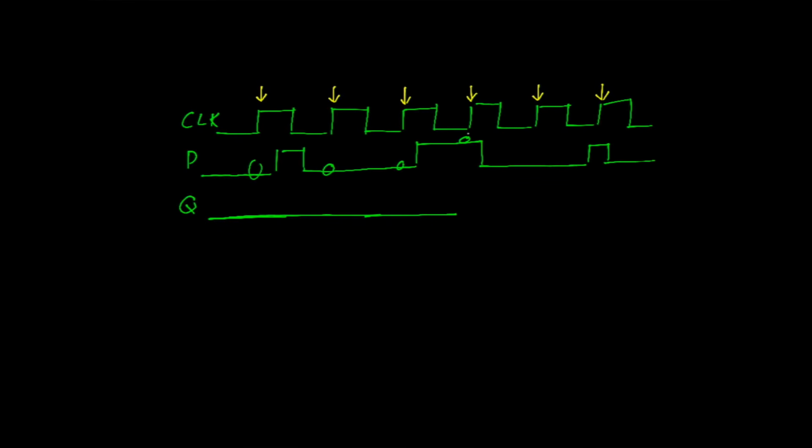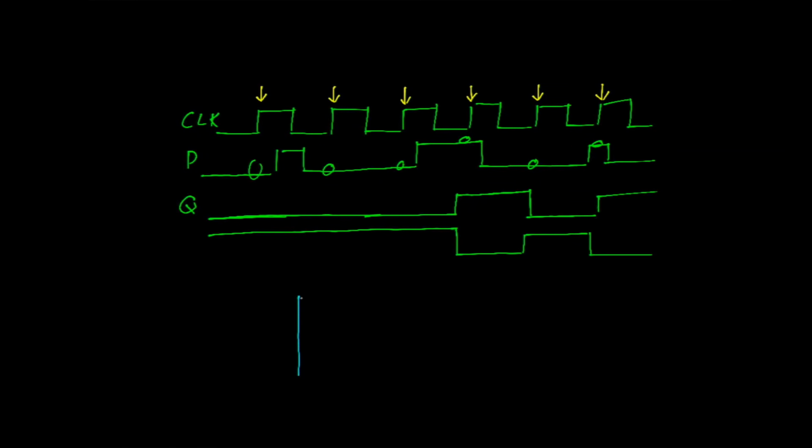At this point, D is high, which means Q will go high, and it will stay high until this point here, where D is once again 0 on the rising edge of clock. Q goes to 0 and stays at 0 until this point here, where it goes high. And of course, Q naught takes on the opposite value of Q.